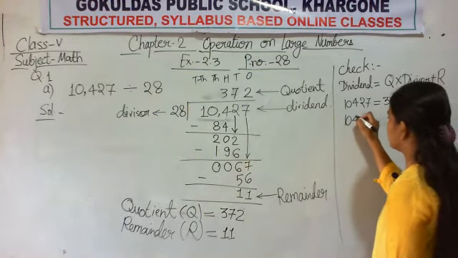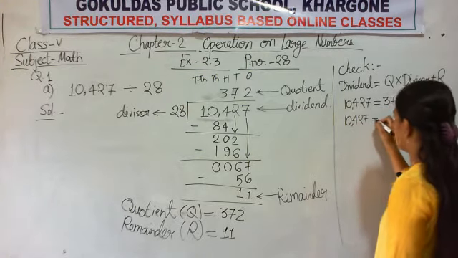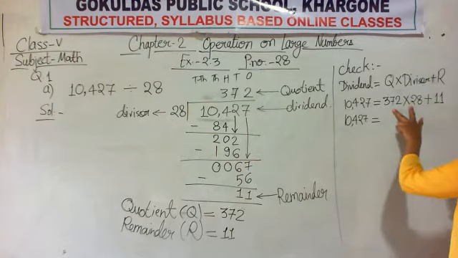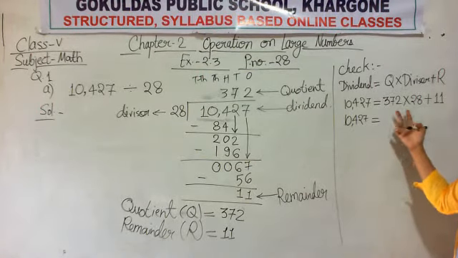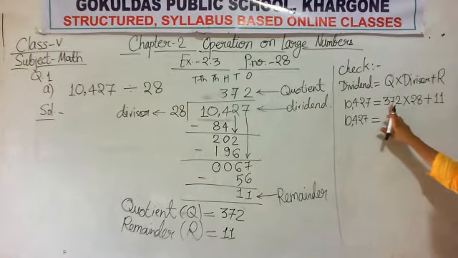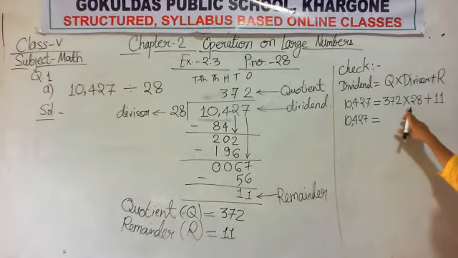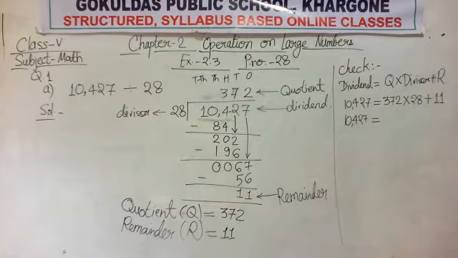Now 10,427 as it is, equal to sign. Now multiply both these numbers. Multiply 372 into 28. What will you get? I am giving you 2 minutes for multiplication.